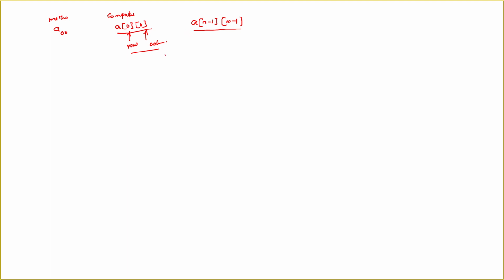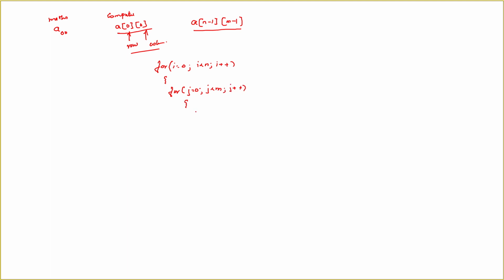Okay, so to accept the values of a matrix, I'll be writing for i equal to 0, i less than n, i plus plus in curly brackets, then I will be writing for j equal to 0, j less than m, j plus plus.